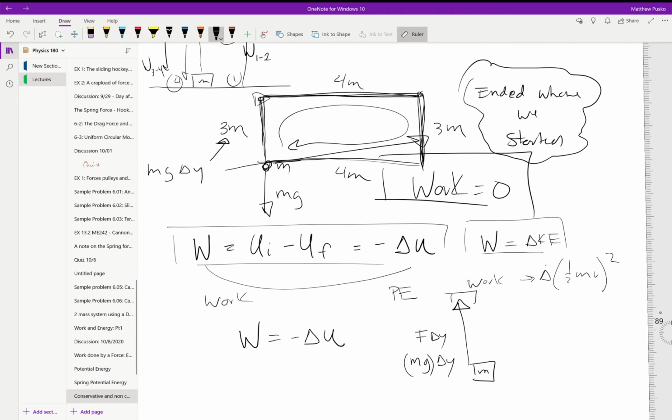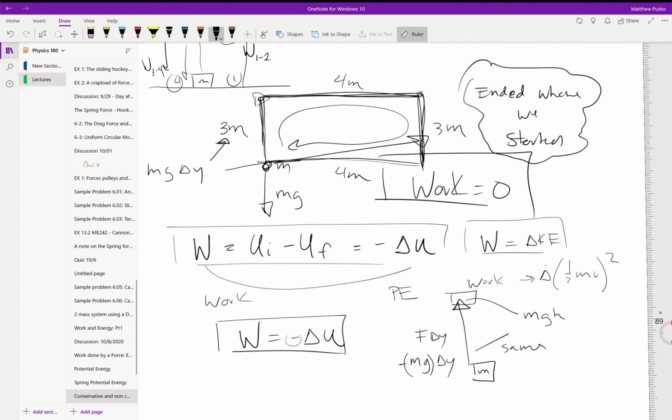Well, that's exactly equal to the potential energy up here of this mass, mgh. Same exact thing. So that's all this is saying, except the work done by gravity, if you remember, would have been negative. So we have this minus sign in here.